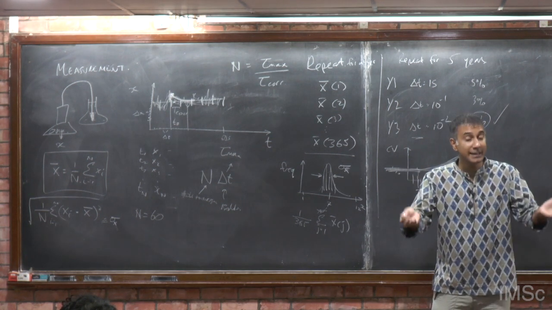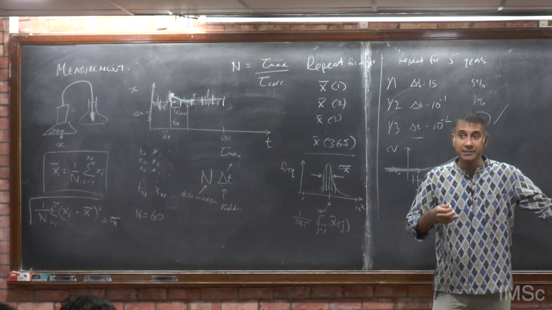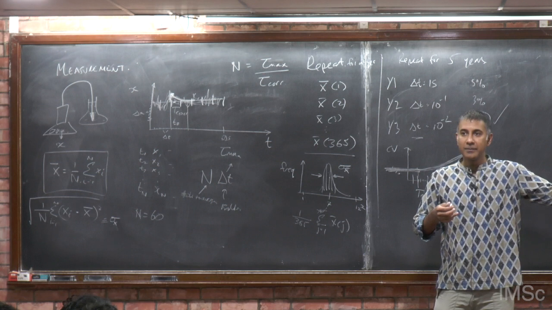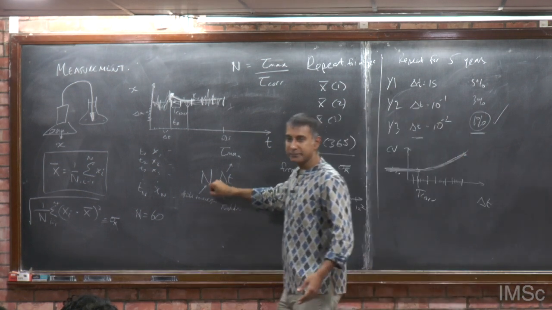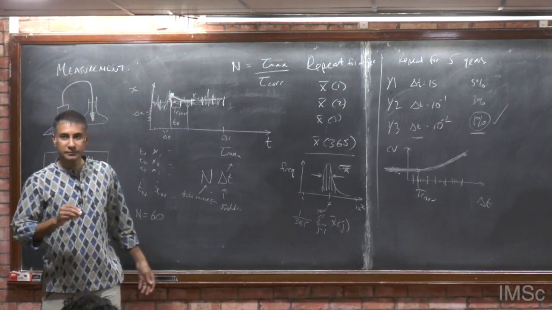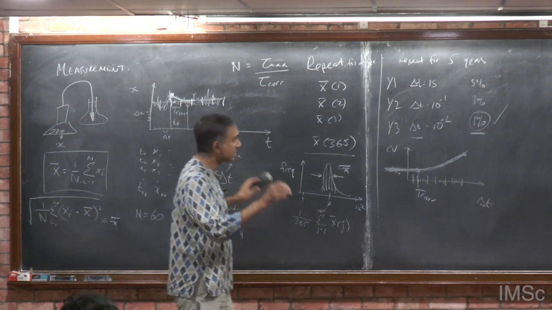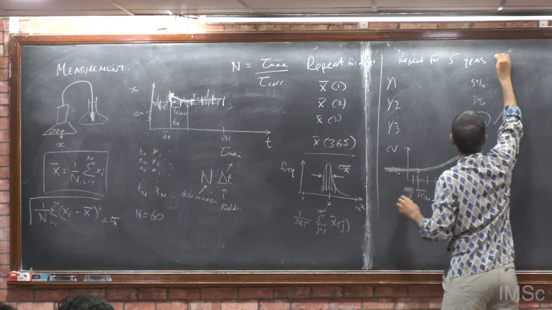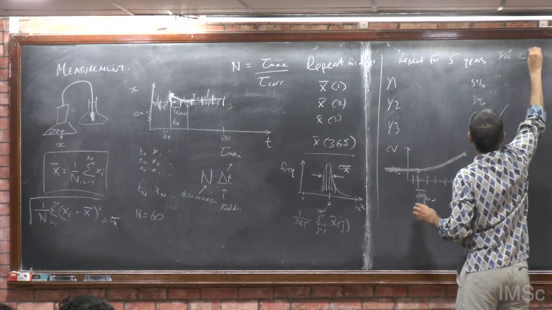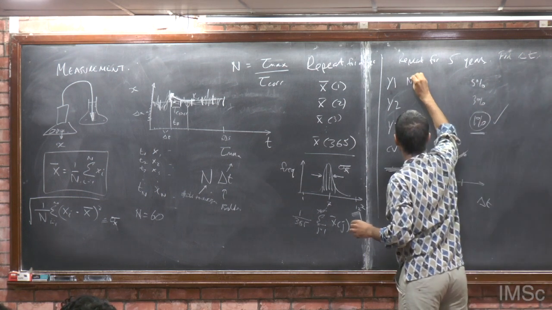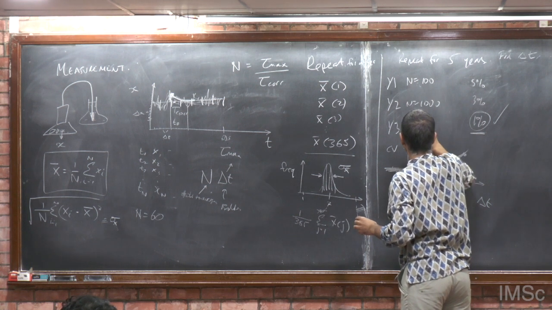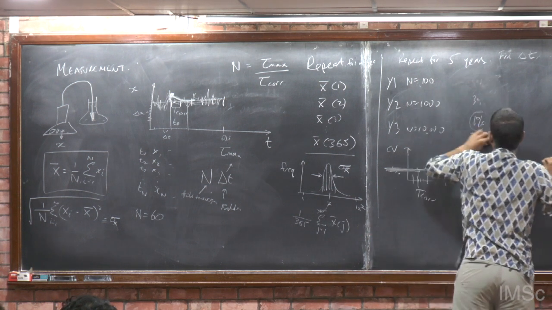So now you're left with the second decision. What is t max? Which in turn means how many measurements did you make to average over? So now let me ask you. I can do the same thing. I fixed delta t, but now I make a change of n. In year 1 I say n is equal to 100, in year 2 I say n is equal to 1000, in year 3 I say n is equal to 10,000.